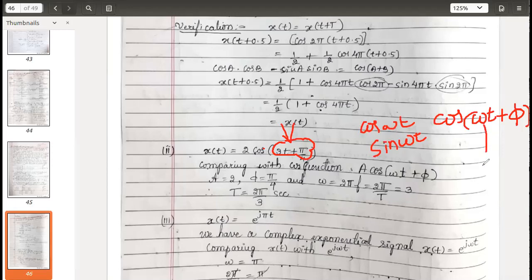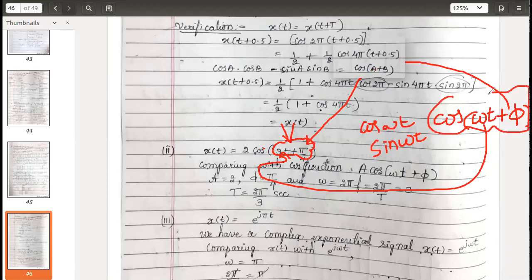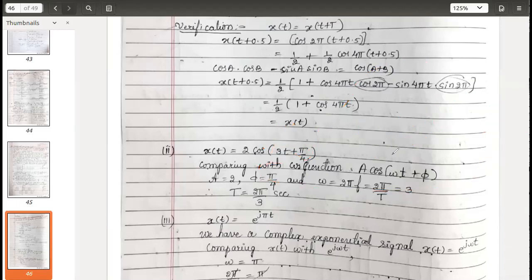If you compare omega t with 3t, omega equals 3, and the phase shift phi is pi by 4.